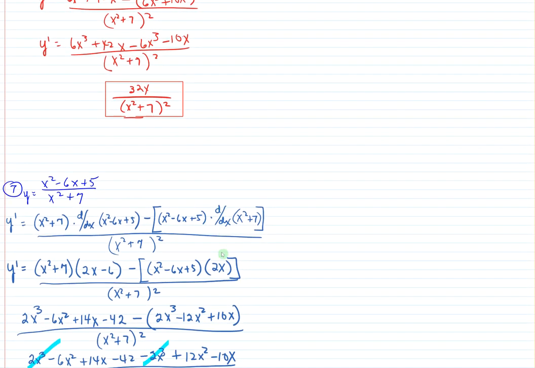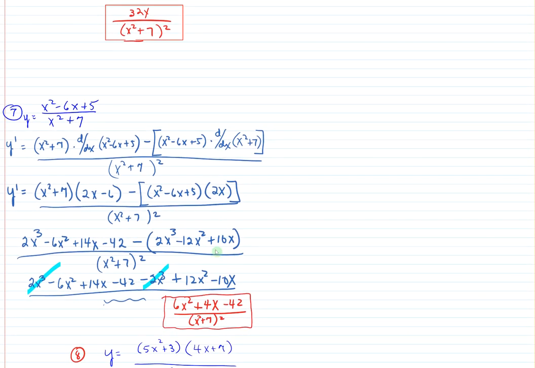Number 7. Okay, this one has just got bigger. It's a bigger polynomial on the top, but we're still doing exactly the same thing. Here's where we're going to take a derivative. Here's where we're going to take a derivative. All right, so bottom times derivative of the top minus top times derivative of the bottom over the bottom squared. This derivative is 2x minus 6.